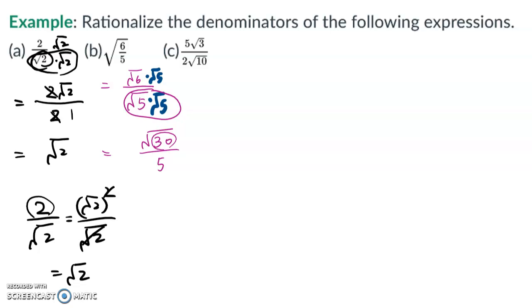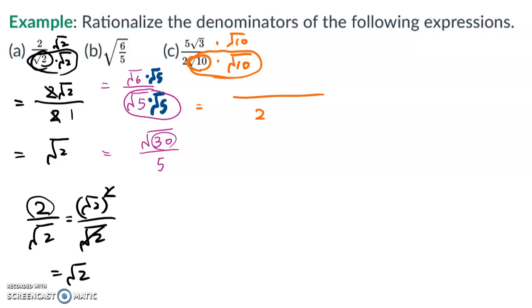Now let's look at C. Here we want to get rid of the denominator, the square root of 10. That's the only square root in the denominator. So what we will do is multiply the top and the bottom by the square root part, square root of 10. How would that help us? Because square root of 10 times square root of 10 is 10.